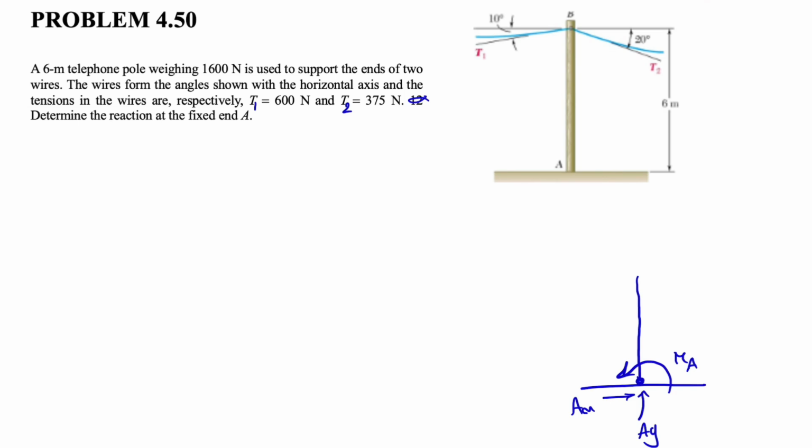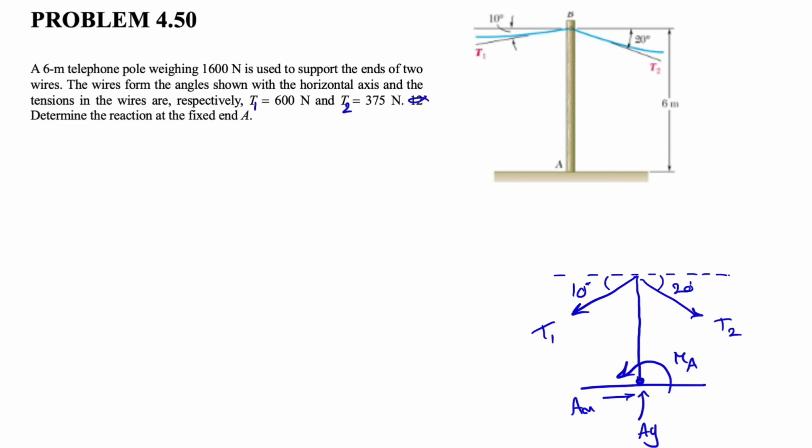And we have the two tensions, so let's consider this our horizontal line. T1 is making 10 degrees with horizontal, and T2 is making 20 degrees with horizontal. Let's see if we are missing something in here.